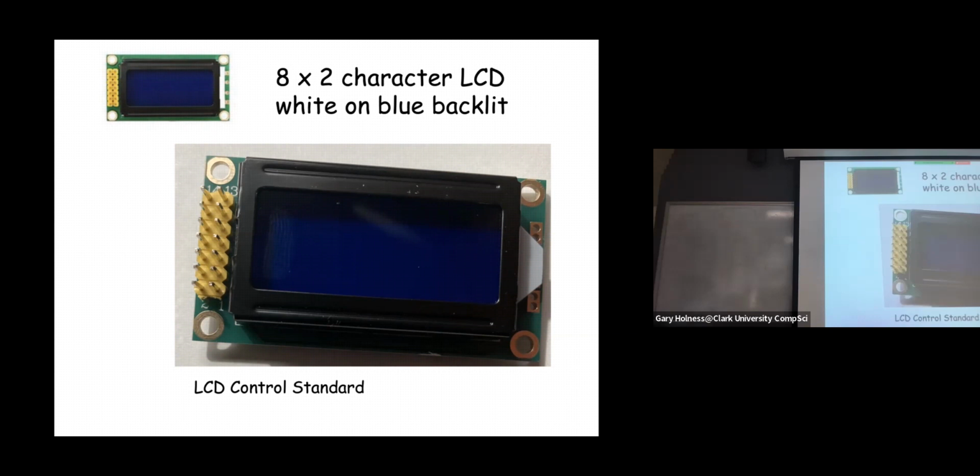Because there are addresses involved, it implements a control standard. And so you can look up the spec for a different LCD screen, 16x2, and it'll have the same protocol. And that's why they do this, because you have to have certain pins available to implement this standard, regardless of how much real estate you have on the LCD.